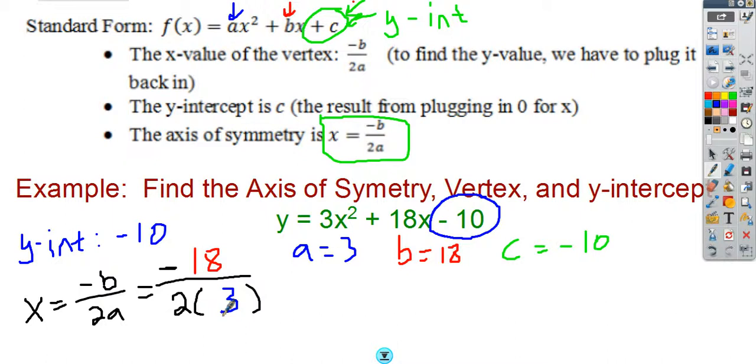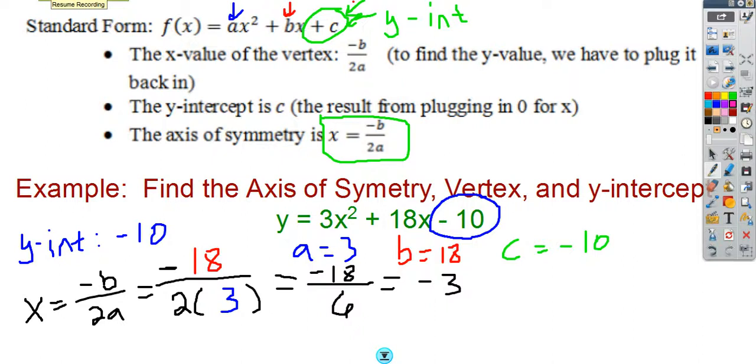Okay, and when we simplify this, we get negative 18 divided by 2 times 3, which is 6. And then negative 18 divided by 6 is negative 3.